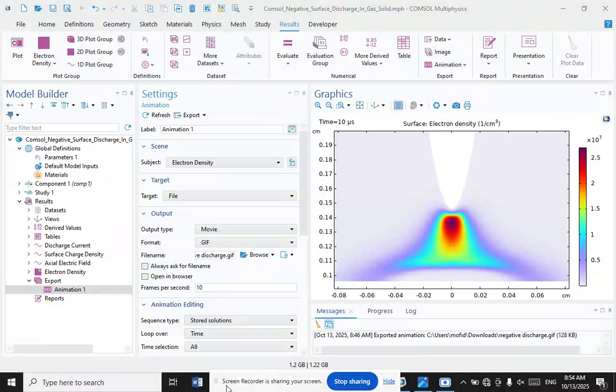Negative surface discharge in solar applications can refer to electrical breakdown that happens on the surface of a negatively charged solar panel, particularly in a plasma environment like low Earth orbit. This phenomenon can also describe the breakdown of insulating materials with a negative bias, which can be influenced by factors like electron detachment, UV radiation, and surface properties.